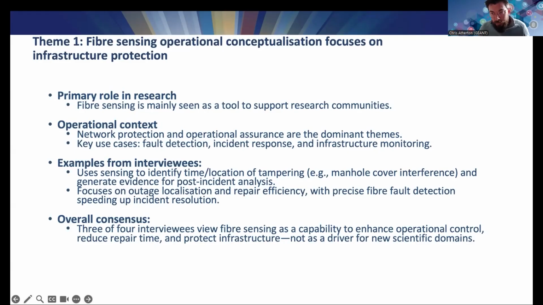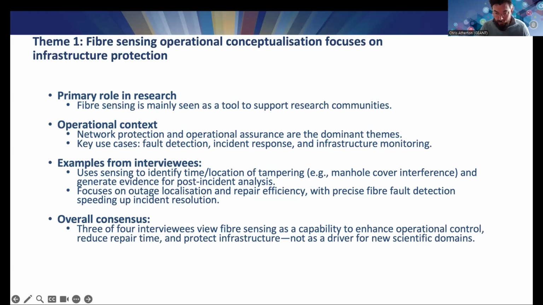Although the primary role, which was repeated, is to support research communities from an operational context, NRENs see this as a way of identifying faults or intrusion attempts on the network, and to provide operational assurance.